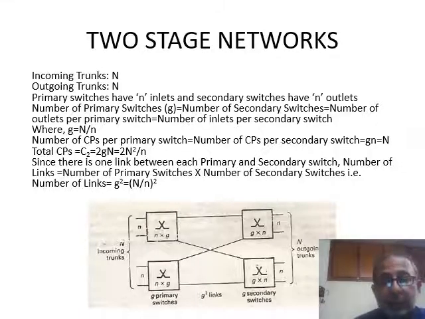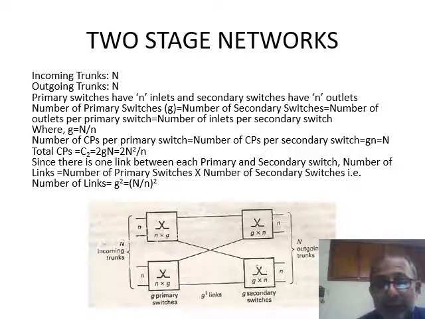So the number of inlets per secondary switch would be G equal to capital N over small n. The number of cross points per primary switch would again be equal to the number of cross points per secondary switch, and that would be equal to G multiplied by n, small g multiplied by small n.